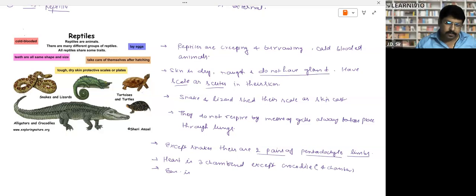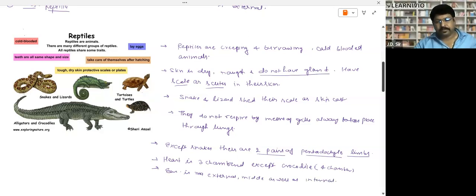Ears are all present: external, middle, as well as internal, like human.